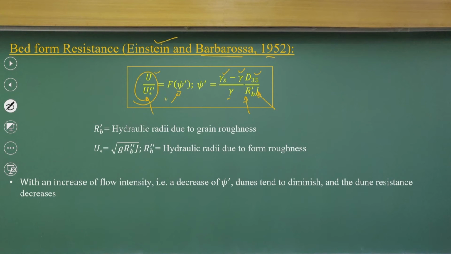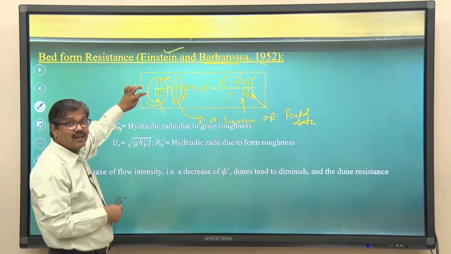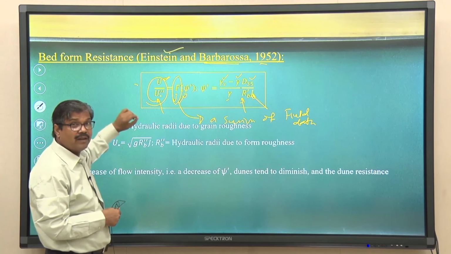If you look at that, he tried to find out what the relationship, the function f, could be, considering a series of field data sets. The f function he established from the field data identified two non-dimensional parameters. One is the ratio between the velocity and the shear velocity due to the bed forms.